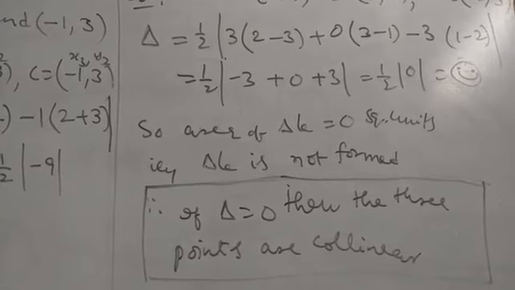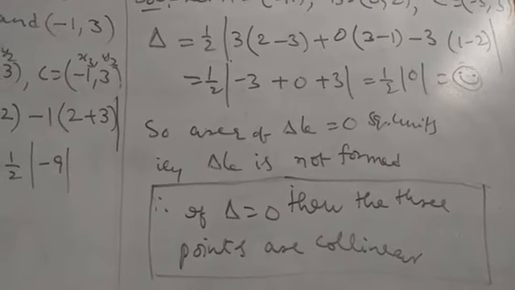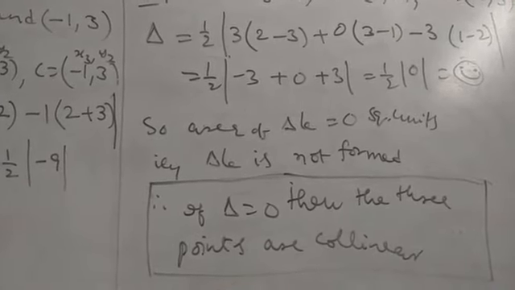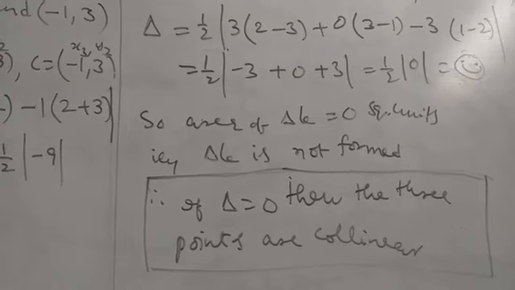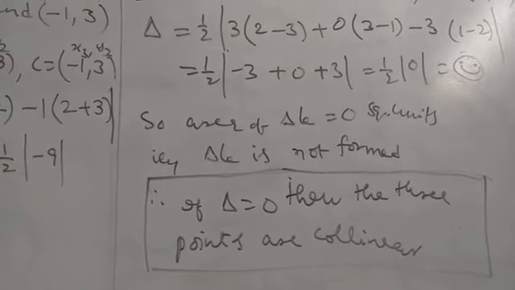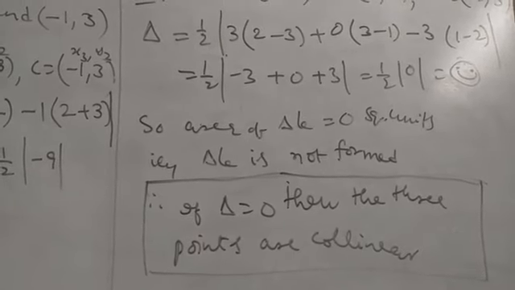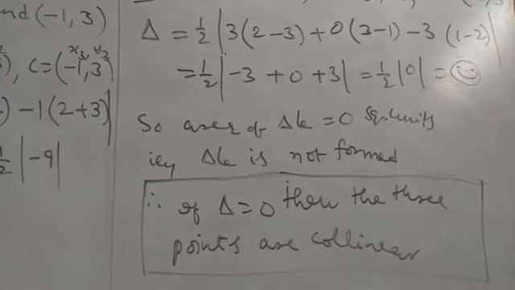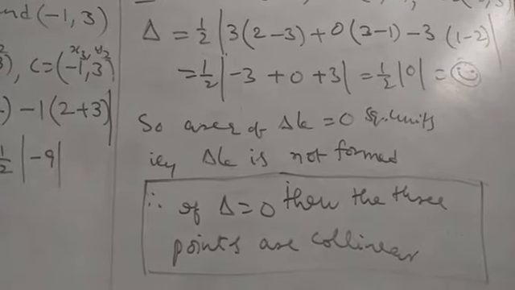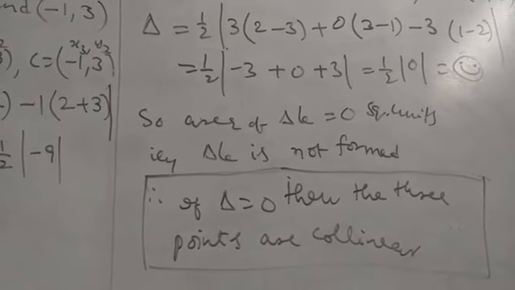But please remember, from an examination point of view, whenever any one of the 3 points is unknown, do not use the distance formula for collinearity. It will be a more complicated case. So either you can use the section formula or you can use the area of the triangle to check the collinearity of 3 points.